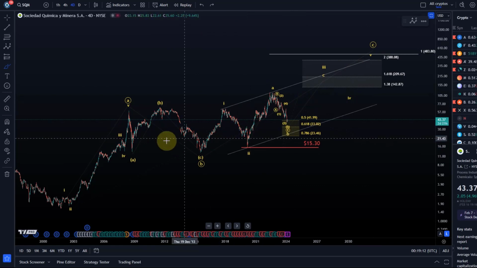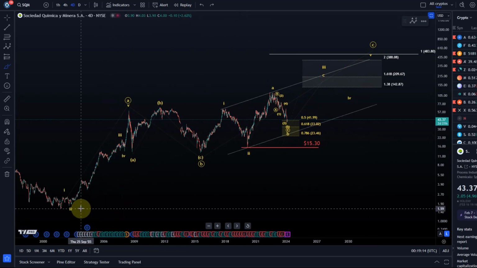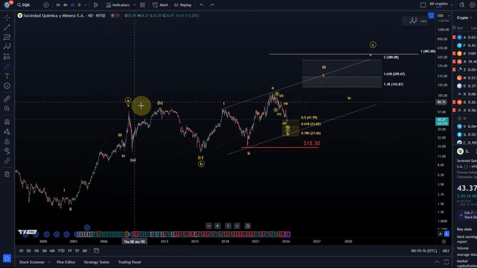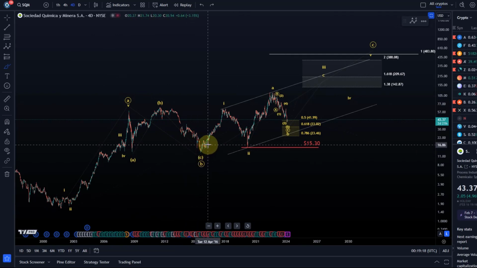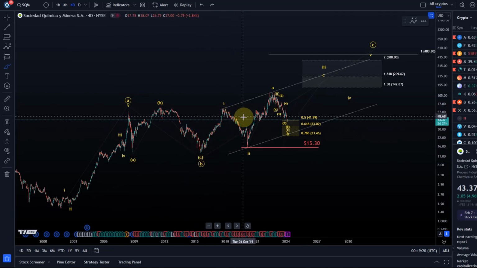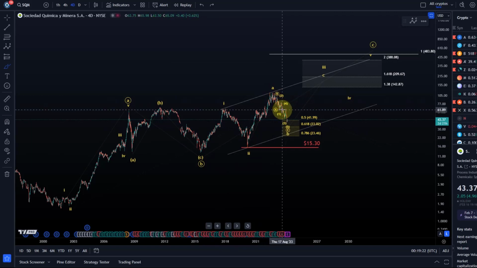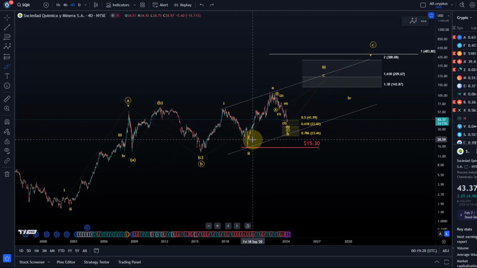This is one potential. We can also label it as a 1-2 setup. We would have to find a way then to label this move up here as an impulse, which, due to the corrective nature of this structure, is a bit challenging. However, it is purely an academic discussion.